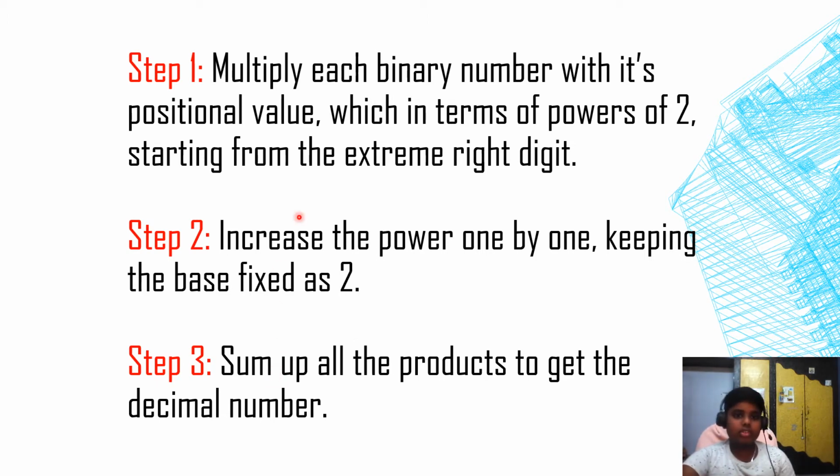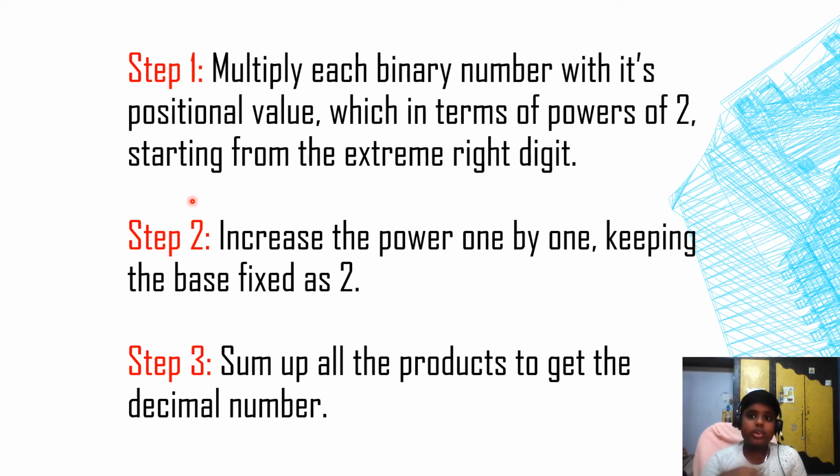Let me take the binary number 100, to avoid confusion with decimal. You take the rightmost digit 0 into 2 to the power of 0.